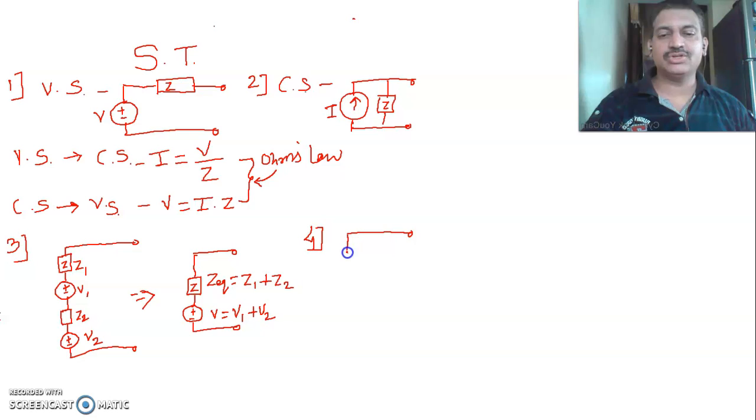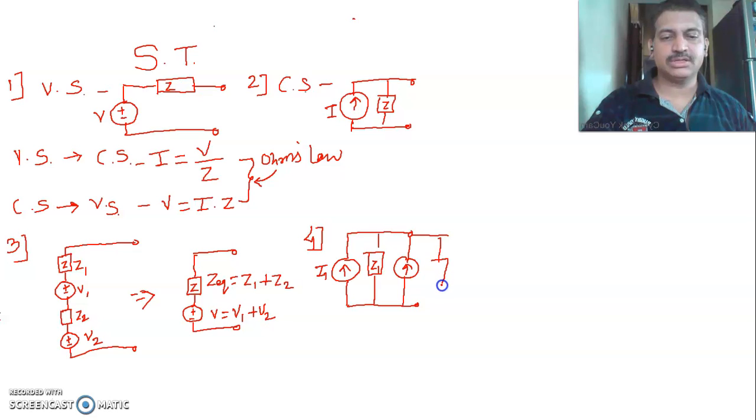Now, in a similar way, take the rule for current source. If we have a current source I1 and its internal impedance, say Z1, then I2, its internal impedance is Z2.